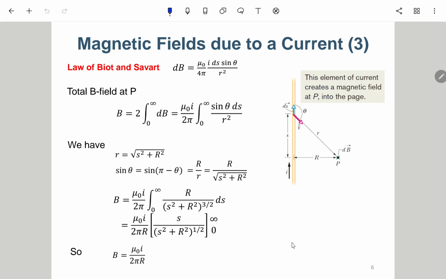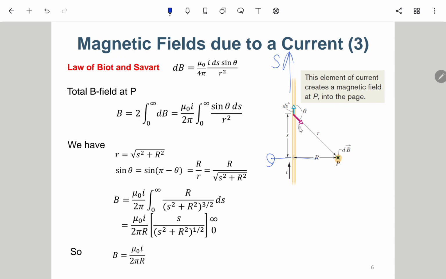This is the way to calculate this one. Here we have a long straight wire, and we would like to find the B field at this point P. Let's define this axis as the S-axis, and this is the zero. Since we assume it's an infinite wire, it goes from negative infinity all the way up to infinity.